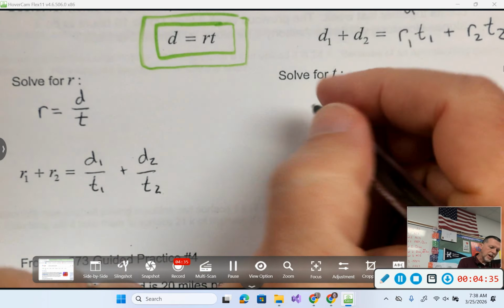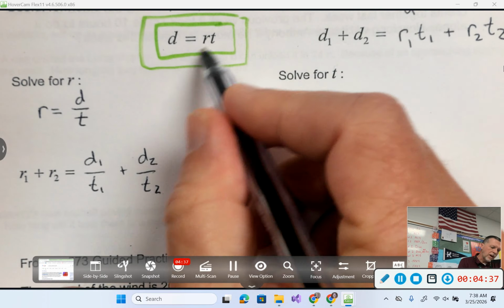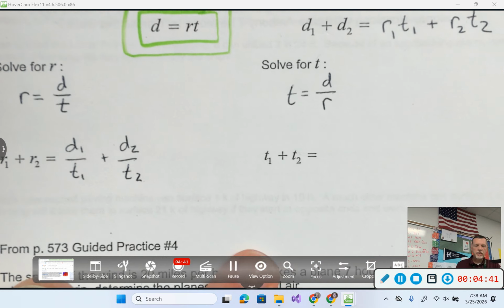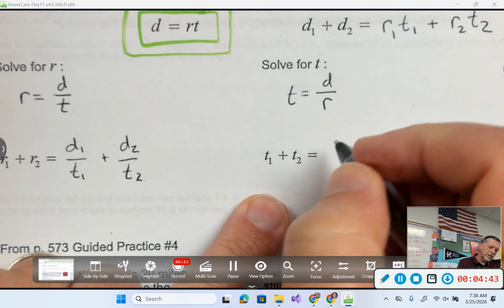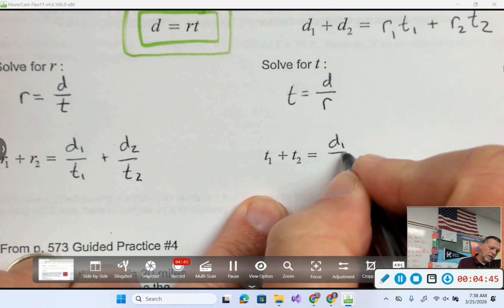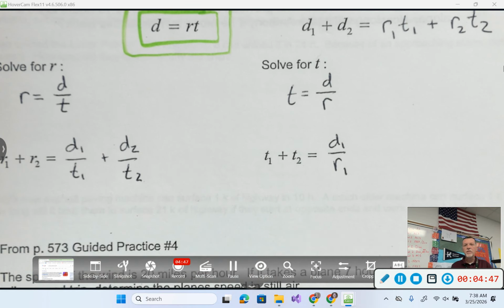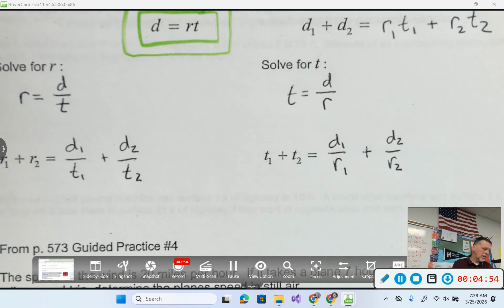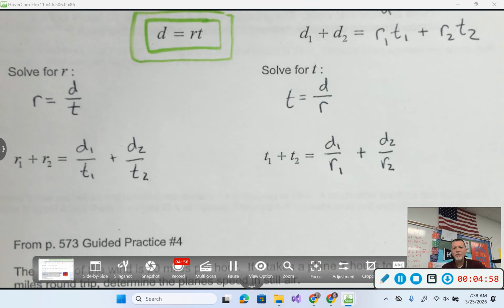Same kind of thing for time. If we divide both sides by r, distance divided by rate, then time 1 plus time 2 is d1 over r1, because that's time 1, plus d2 over r2. And in some ways I don't like writing all these equations down.